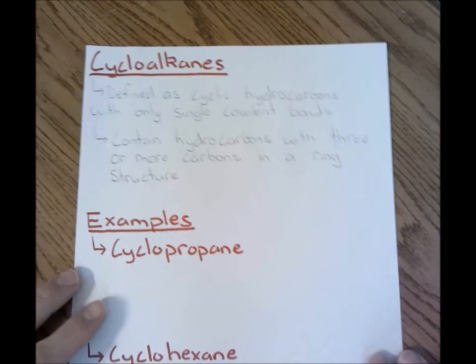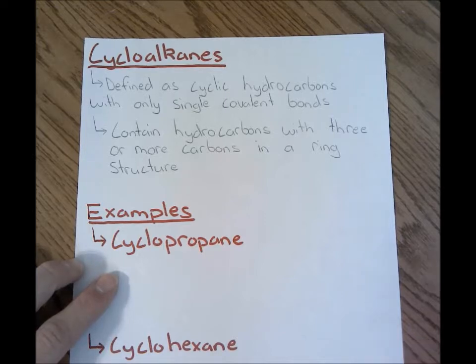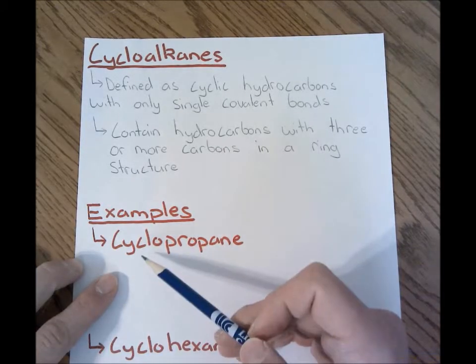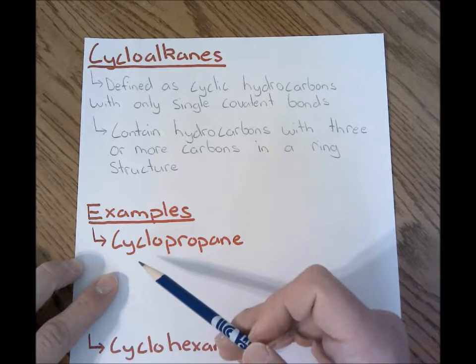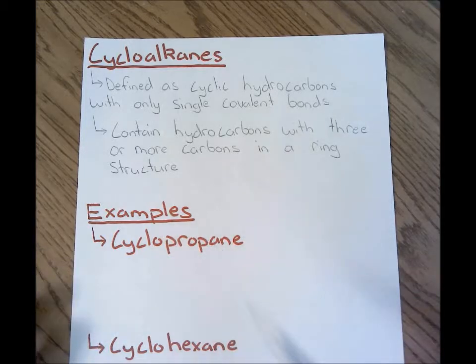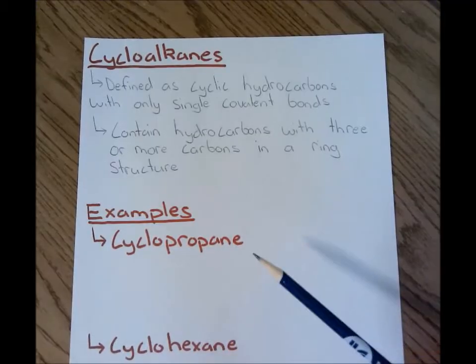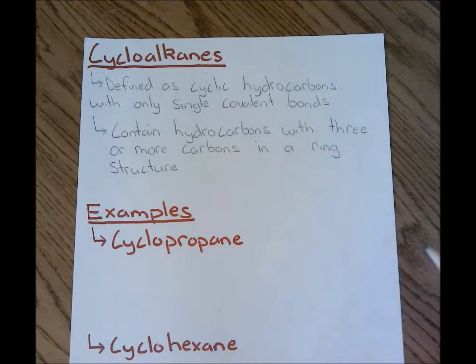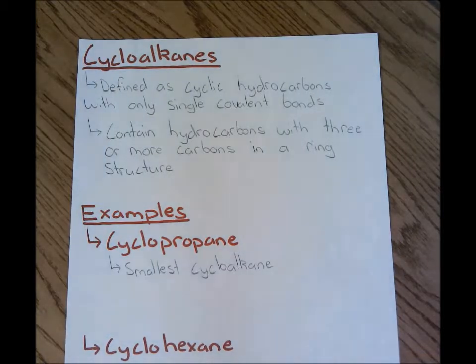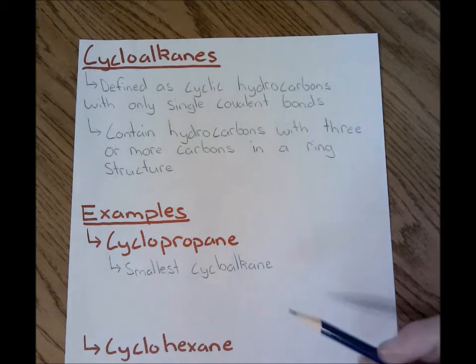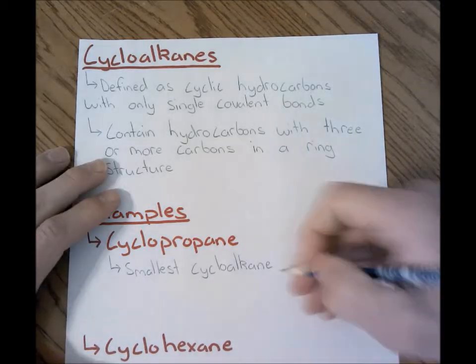So we start out here with cyclopropane. Again, cyclo, that prefix, means the carbons in that longest chain are connected together in that ring structure. And then propane, if you remember back to the chart, means it has 3 carbons in that longest chain. Now, a couple of things about cyclopropane here. This is going to be the smallest cycloalkane. And how cyclopropane looks is if we draw it, it almost looks like a triangle.